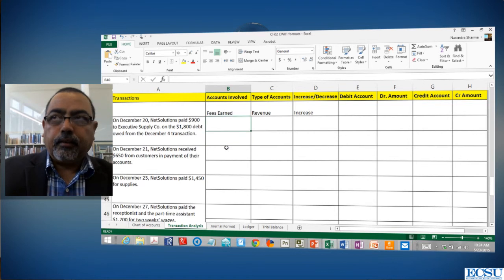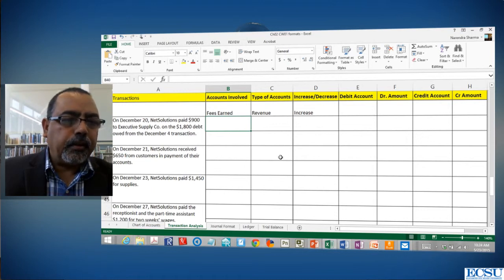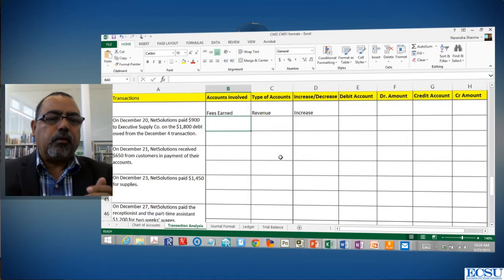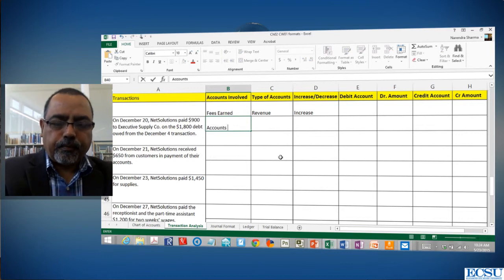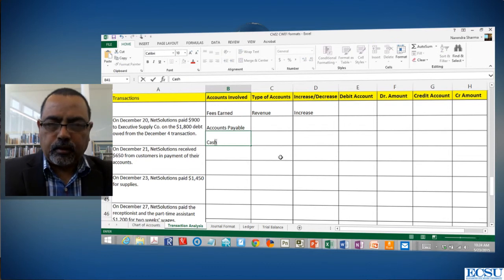Now next thing that we check is on December 20, Net Solutions paid 900 to Executive Supply Company on the 1,800 debt owed from December 4. So we are paying our accounts payable. So that's why we'll be using accounts payable. And I'm paying cash.